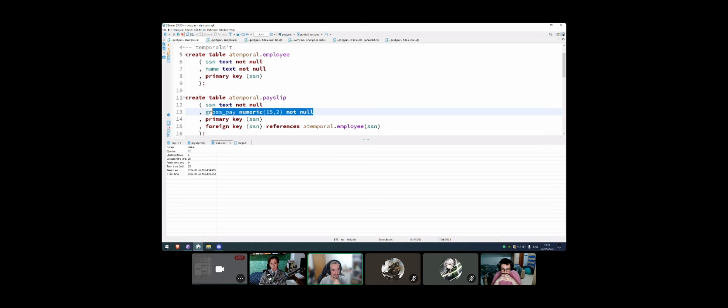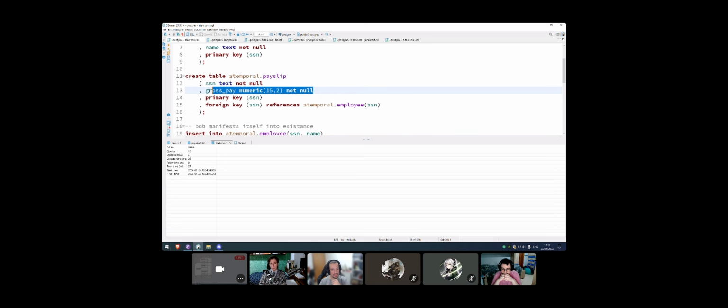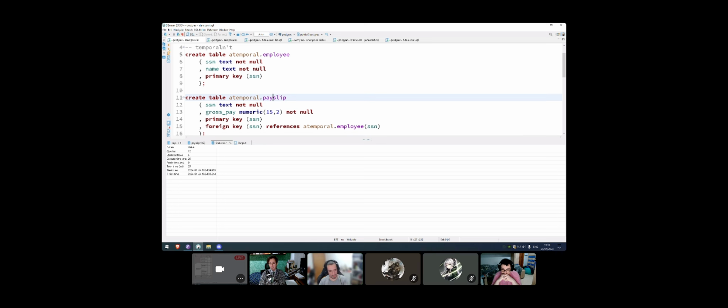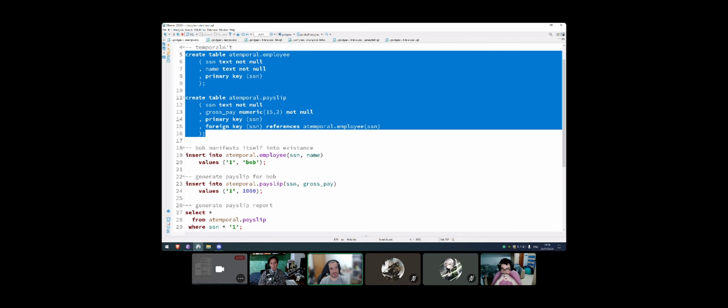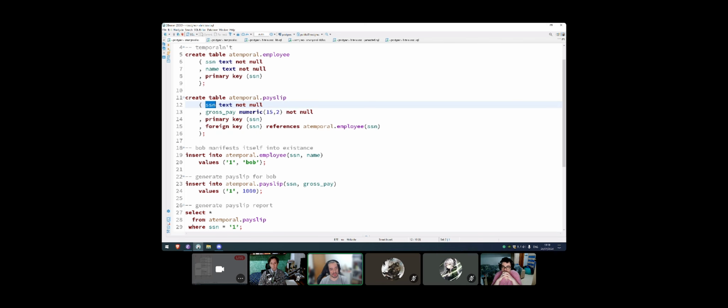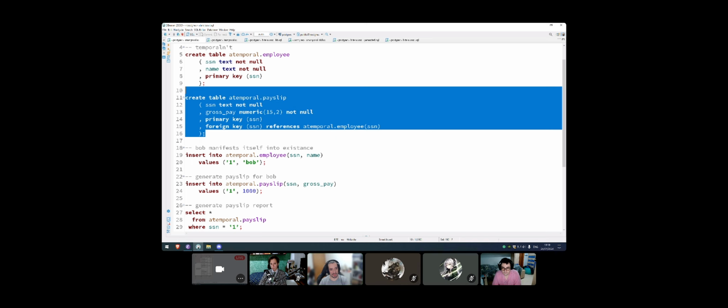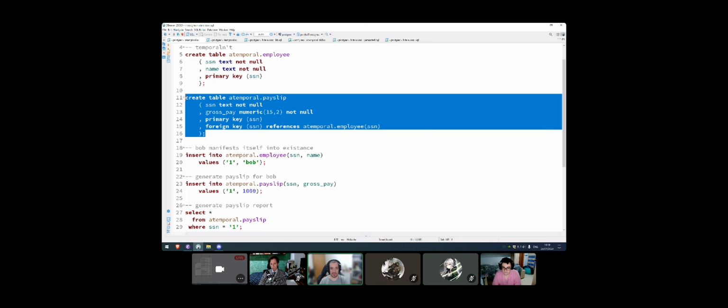And what's important to note here is that the link between these two tables is the social security number from the employee, and just this. So what this means is you can't have more than one payslip per employee, and as such, you will only have the last payslip you generated.